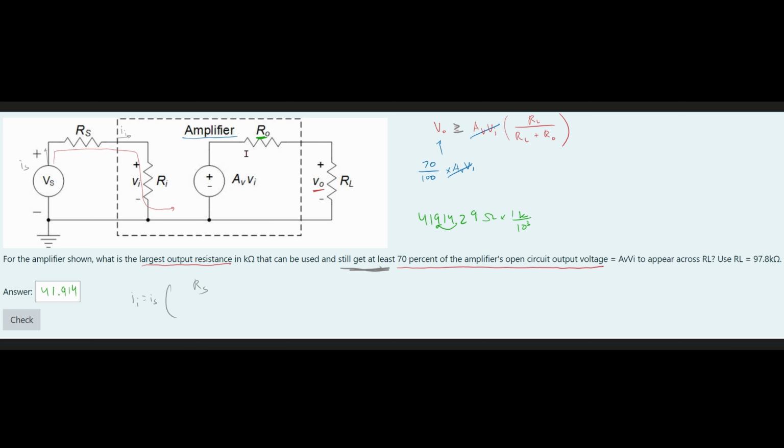Remember that the current division and the voltage divider are opposite of each other. If we have the current flowing this way, it's just looking at this resistor right here. That's why it's the RS and not the RI. Then we have RS plus RI, and we would just take the percentage of that. That is the work we would do if we again had a current, and that is how we would look at this material.